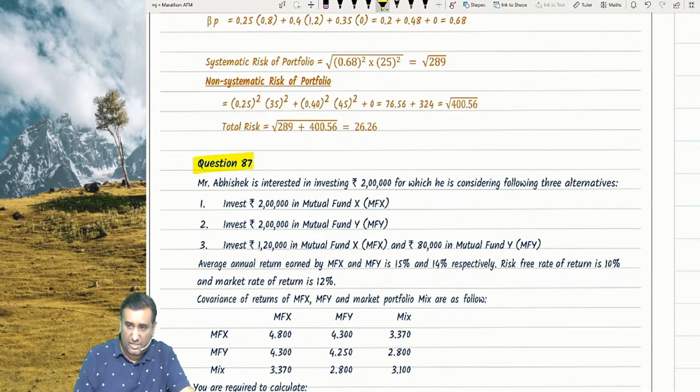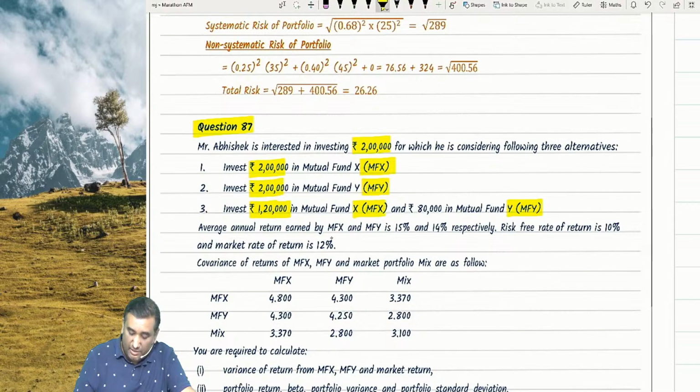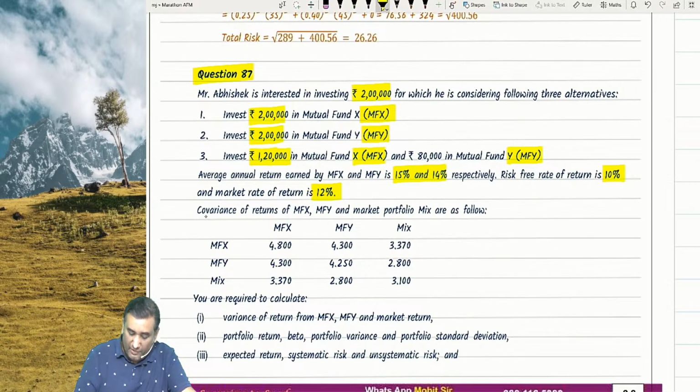Mr. Abhishek is interested in investing 2 lakh, for which he is considering the following three alternatives: invest 2 lakh in mutual fund X, invest 2 lakh in mutual fund Y, invest 120 in X and 80 in Y. Average annual return earned by mutual funds X and Y are 50, risk-free rate 10, market return is given, covariance of returns. X, Y and market portfolio mix are as follows.